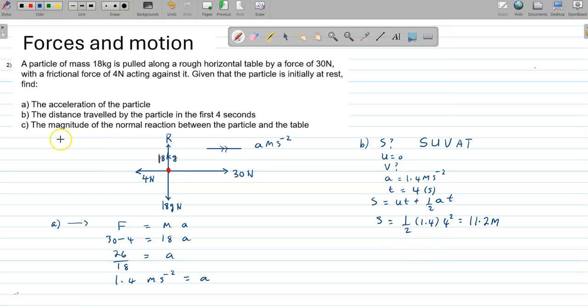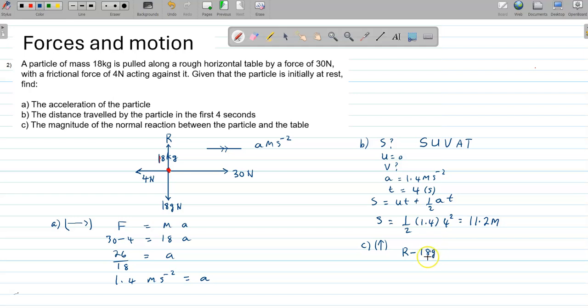Now we want to work out the magnitude of the normal reaction between the particle and the table. So we want to resolve in the vertical direction. So part C, we resolve in the vertical direction there. In the vertical direction we would have R minus 18G.